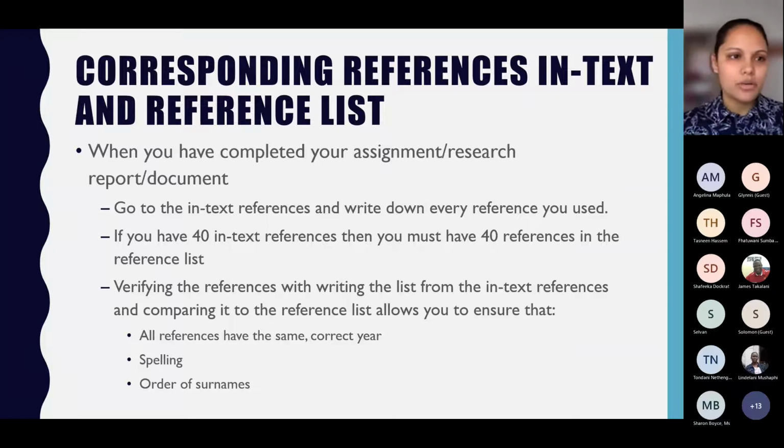Now, we all know that whether you are a student or studying a postgraduate qualification, when you are writing, you don't always make the time to go and paste the references in a reference list. And so this process of cross-checking and verifying is really, really important. Also, it helps you to check that the order of the surnames is correct.